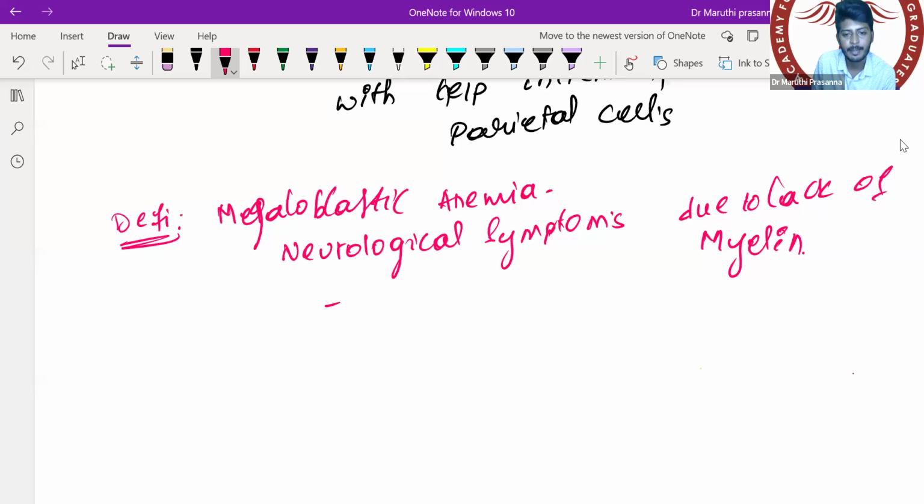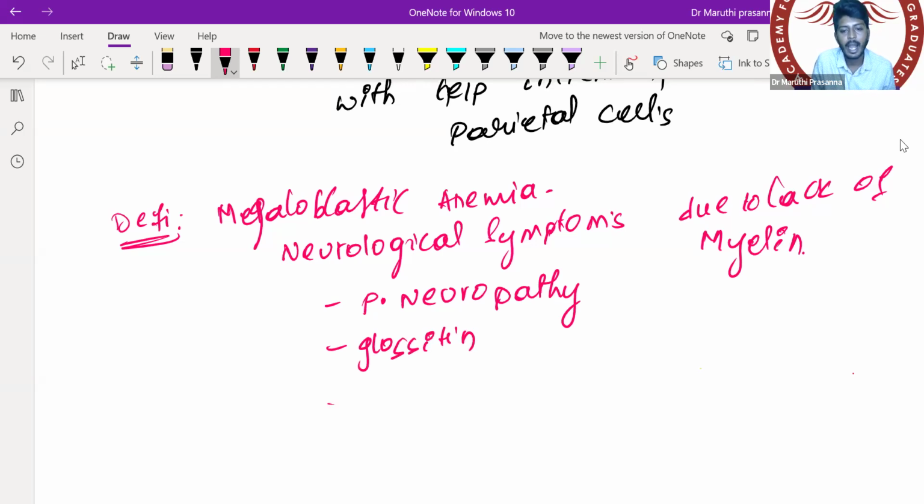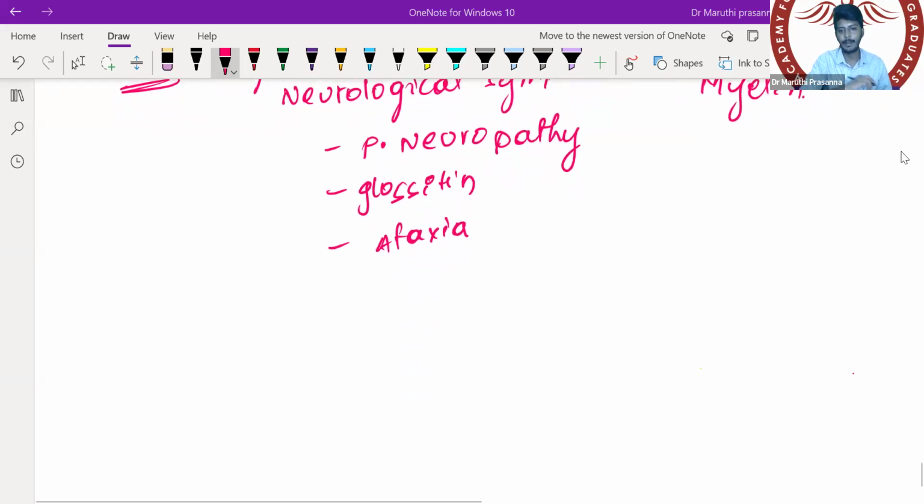So neurological symptoms such as peripheral neuropathy, which affects both your hands and legs, which is why it is also called stocking and glove neuropathy. The patient will have glossitis, inflammation of the tongue papillae, and ataxia, loss of balance. These are the symptoms associated with megaloblastic anemia.